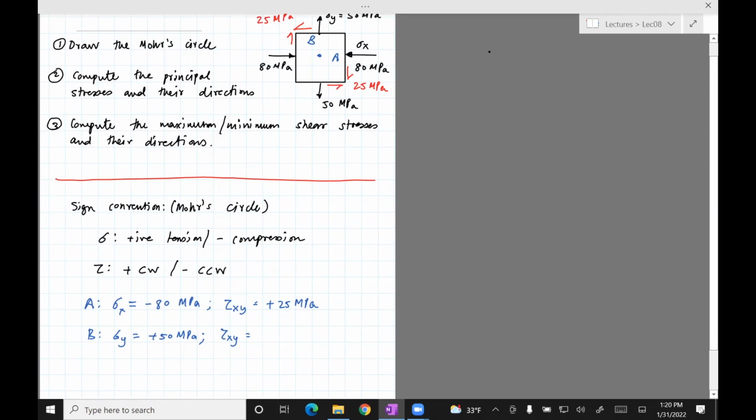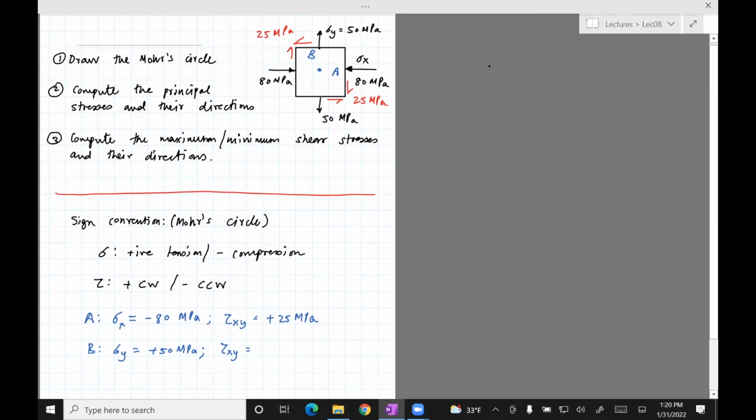And then if you look at the shear stress on face B, you can see the arrow is pointing from right to left. And that would turn the plane stress element in the counterclockwise direction. So the sign convention says it's negative. So negative 25 MPa.